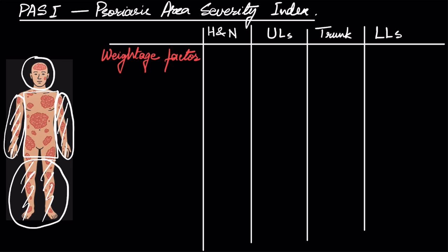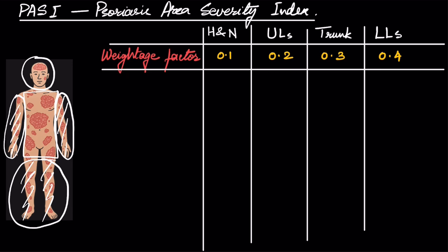The upper limbs both together represent 20% of whole body surface area. So it is given a factor of 0.2, while trunk represents 30% of the whole body surface area, a factor of 0.3, and lower limbs both together represents 40% of whole body surface area. It is given a factor of 0.4.